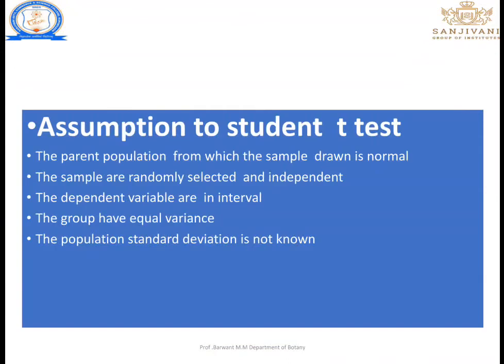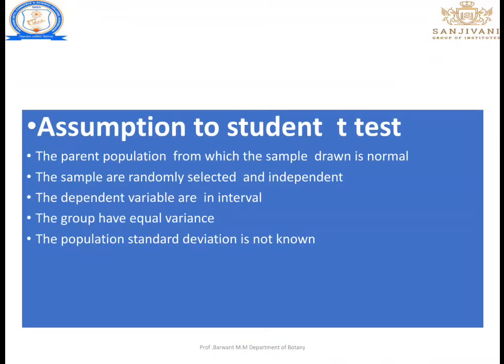Assumptions of a t-test. Before that, we should know the assumptions. The parent population from which samples are drawn is normal. Samples are randomly selected and independent.